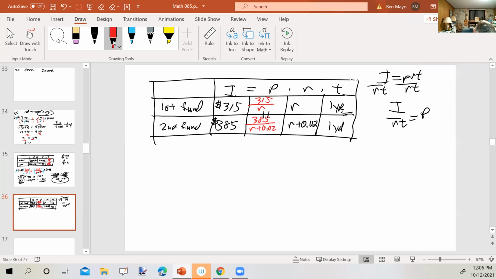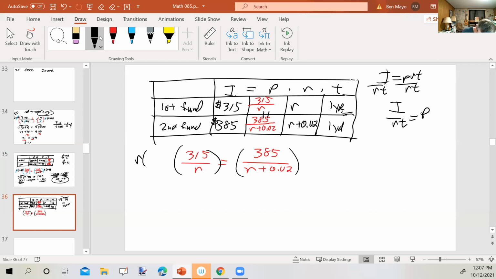So our equation becomes 315 divided by R equals 385 divided by R plus 0.02. The LCD is R times R plus 0.02.